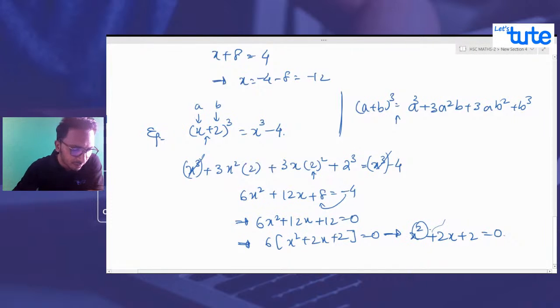Okay, there are a few more examples. Okay, we can solve this one. Okay, we can do this.